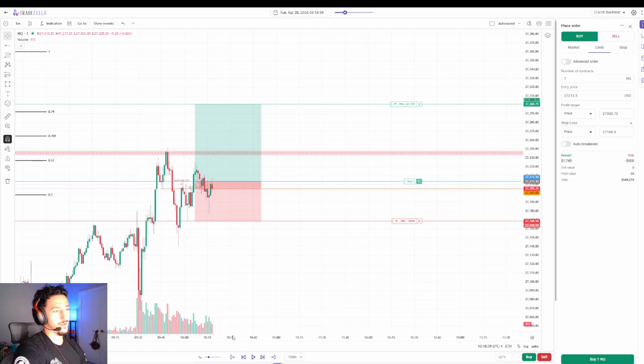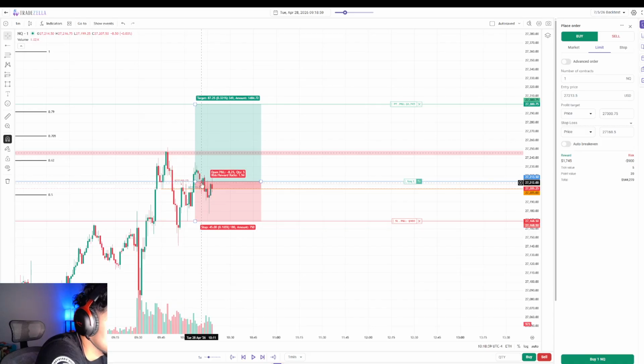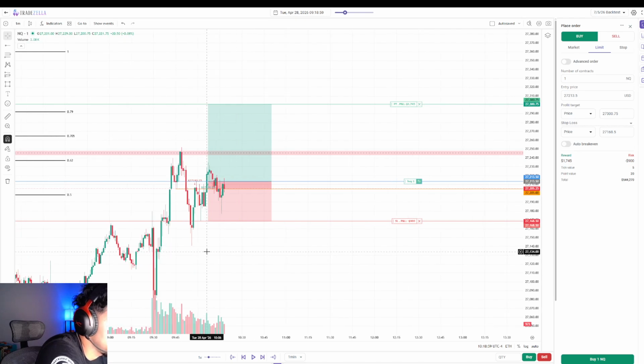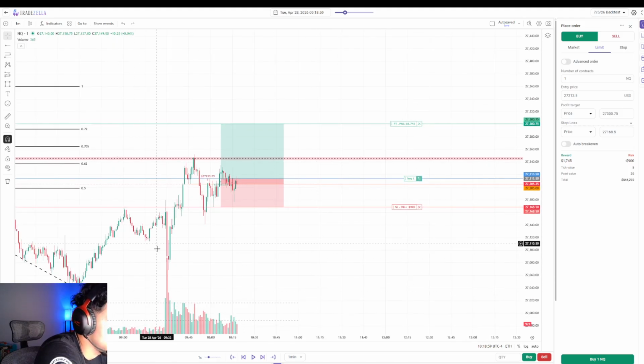We're outside of the macro now. I mean, I would have liked these longs for continuation here, just because what happens, we come down, create this protected low, get this strong break higher, rebalance, we break structure back to the upside, continuation, break structure down, break structure back up, continuation.